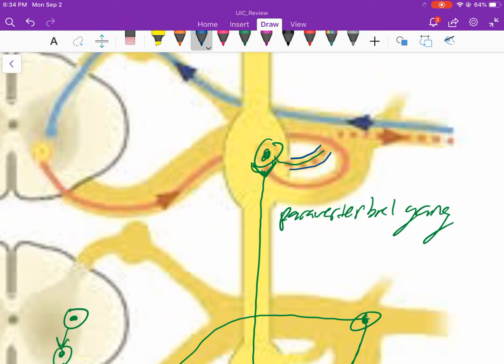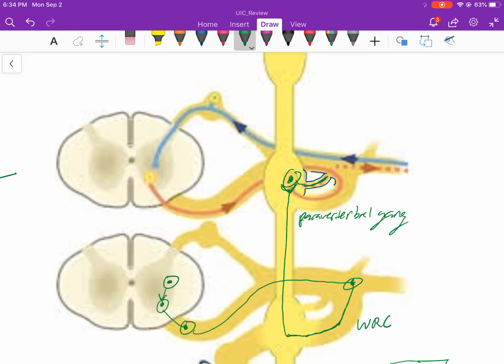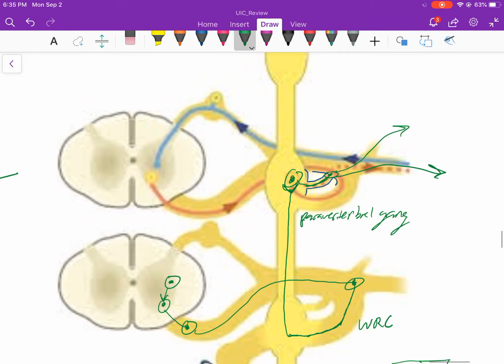I don't know if you can really see it that well, but this little pathway right here called the gray rami communicans. And then we can either go through posterior ramus if it's located there, or the anterior ramus if that structure is in that area.